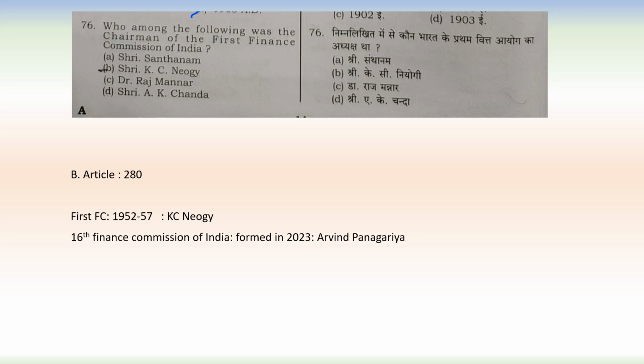Next one, who among the following was the chairman of the first Finance Commission of India? It was K.C. Niyogi. The first Finance Commission was constituted in 1952, for 1952 to 57, for 5 years. This is provided in Article 280 of our Constitution.